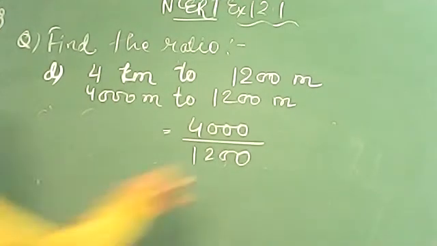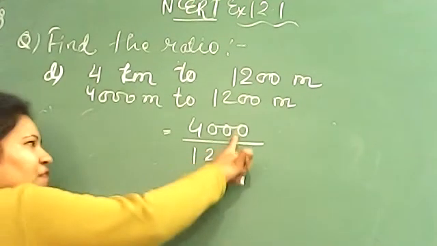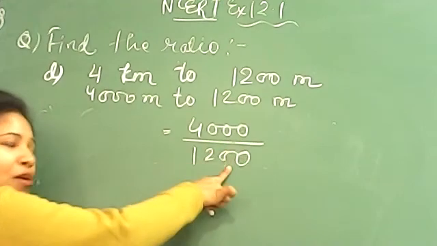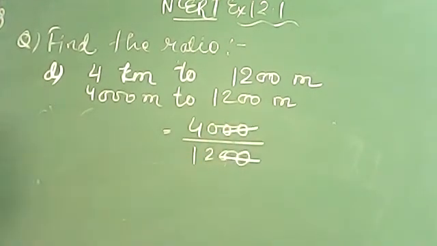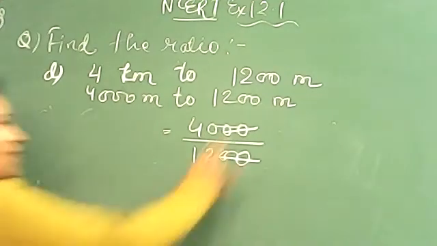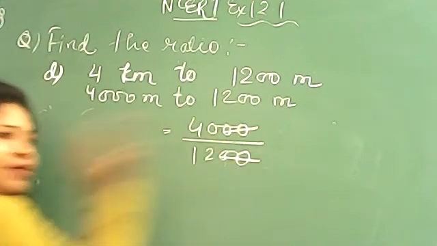Now look here. I am telling you one more method. If the number of zeros are the same on the top and the same at the bottom, you can cancel it directly. Kaneez, if you do not understand, then you will ask ma'am how it came. I said if the same number of zeros are up and down, you can cancel it directly.